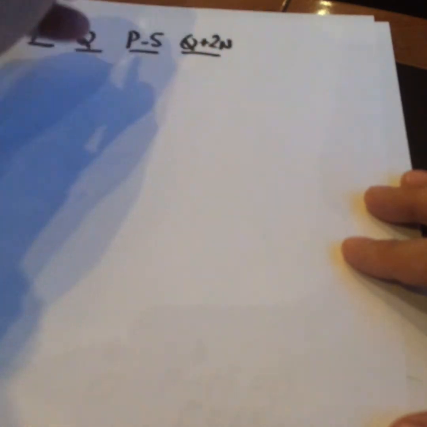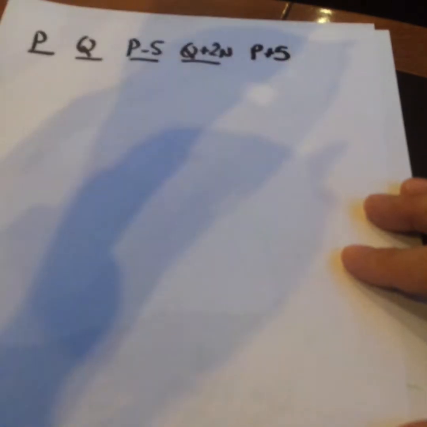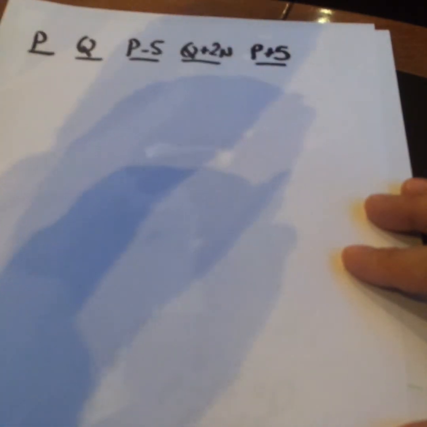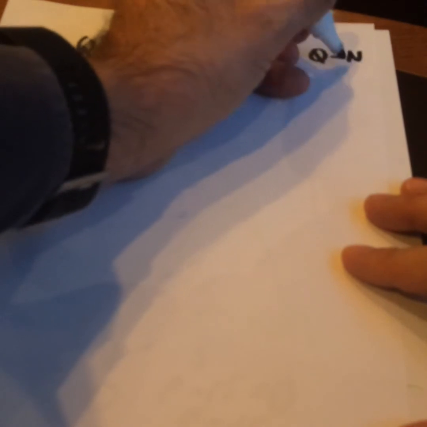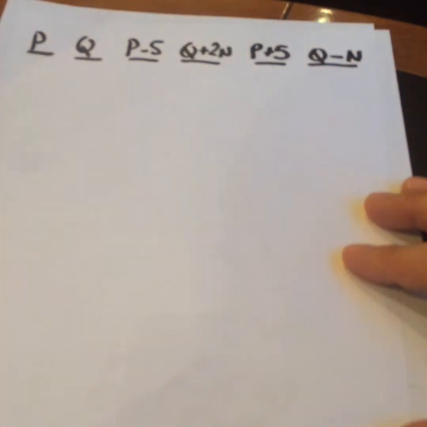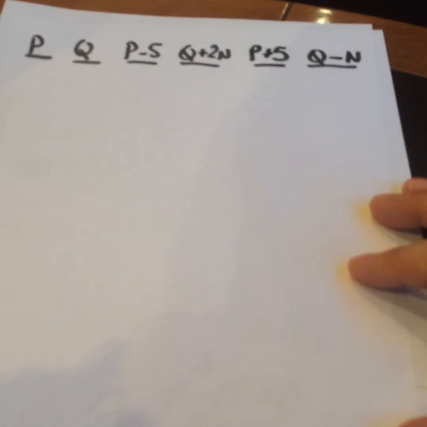The third option now is to raise the price by 5 and lower the quantity to Q minus N. Now, we don't know what this N is, right? So that's one of the issues here. It makes the problem slightly tricky. So let's just start getting into it. We also know the answer choices for Q are 10, 15, 20, 25, and 30.